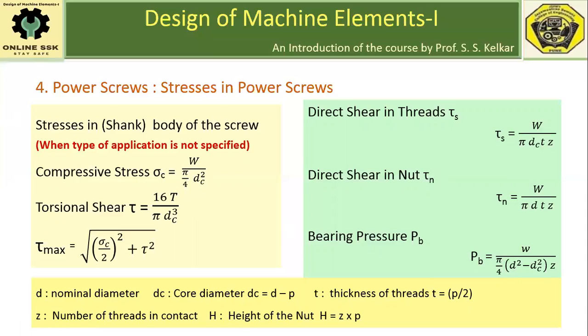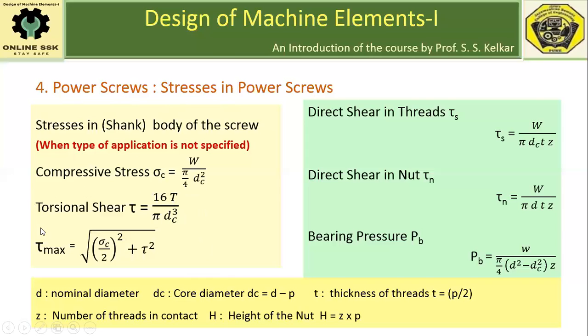Let me recall that the mean diameter dm is given by d minus half the pitch, whereas dc, the core diameter, is given by d minus the pitch. So dc is equal to d minus p, and dm is equal to d minus p by 2. So you have to take dc into account in the formula while calculating the compressive stress developed inside the body of the screw.